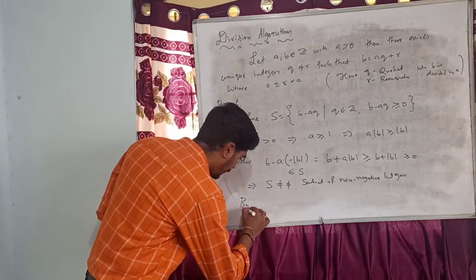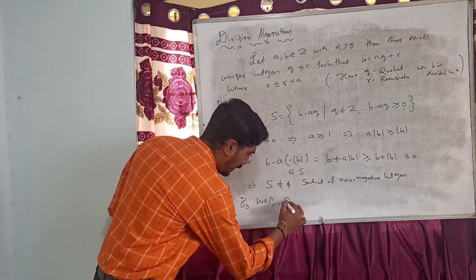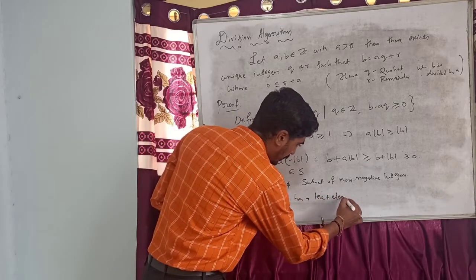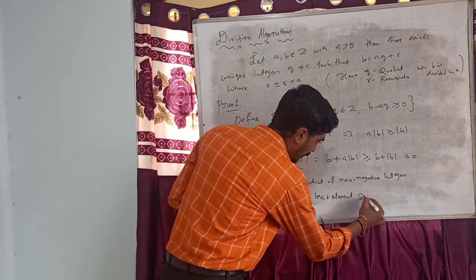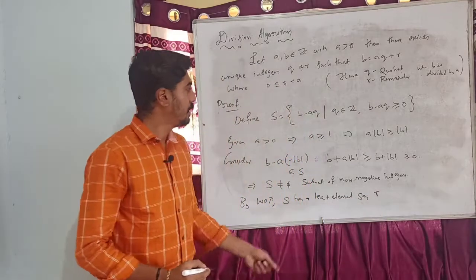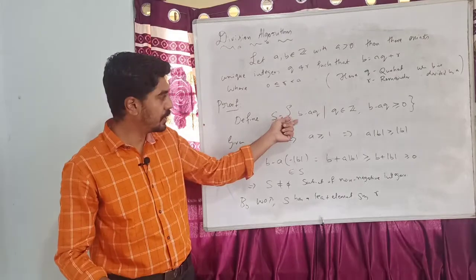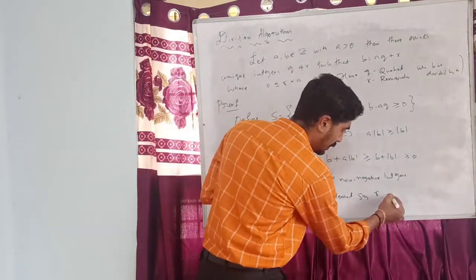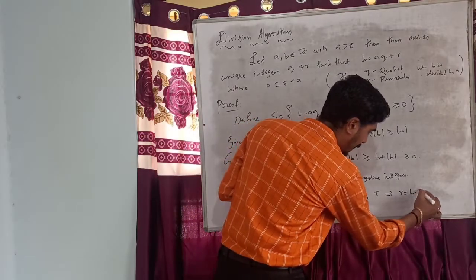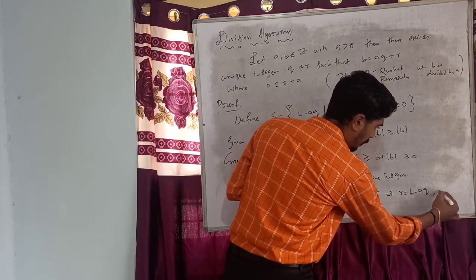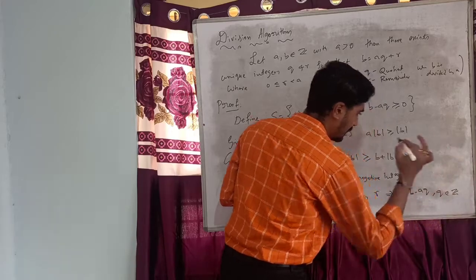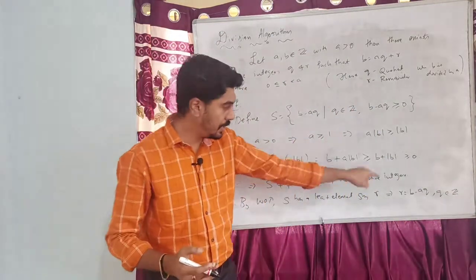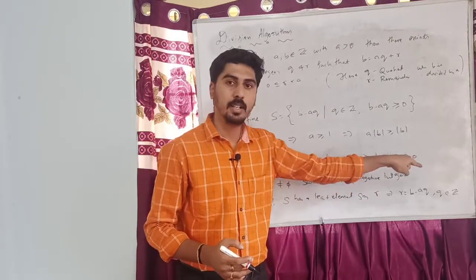By the well-ordering principle, S has a least element, say R. Since R belongs to S, R is of the form b minus aq for some q belongs to Z. This implies R can be written as b minus aq for some q belongs to Z. Now let us show that this is the required remainder and quotient.